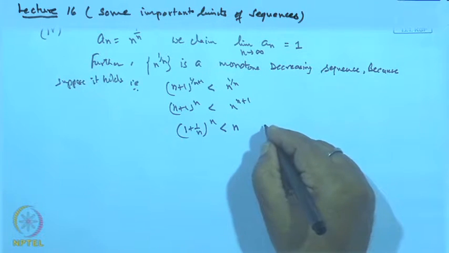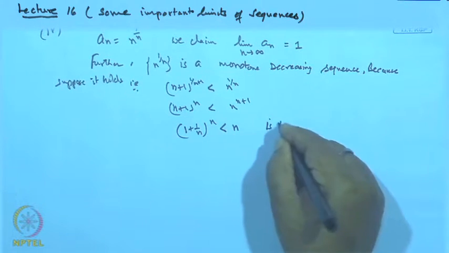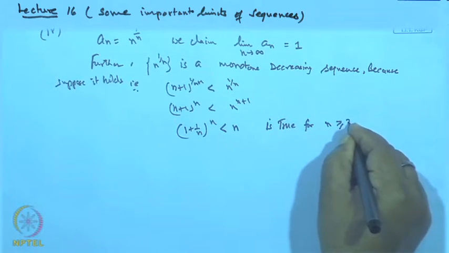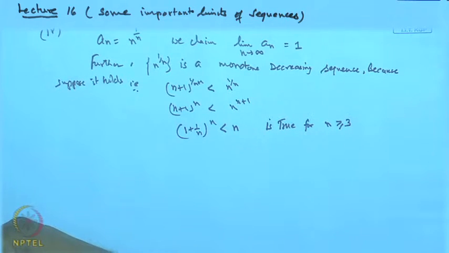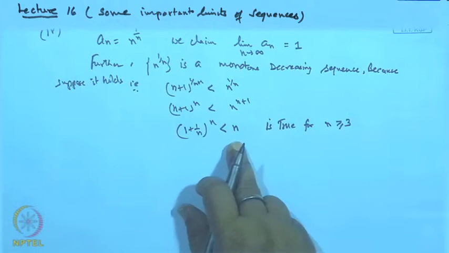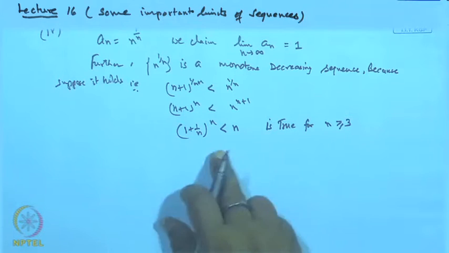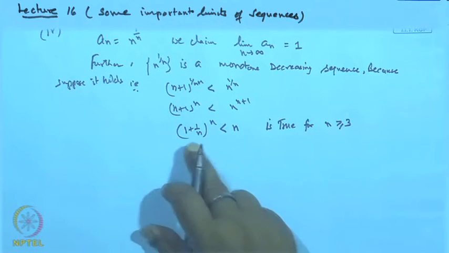Now, this is true for n greater than or equal to 3. For n equal to 1 and 2 it will not be true, but when n is greater than or equal to 3 it holds.